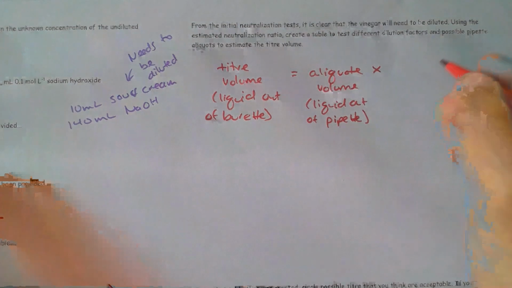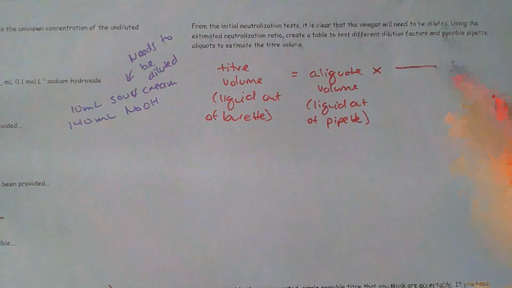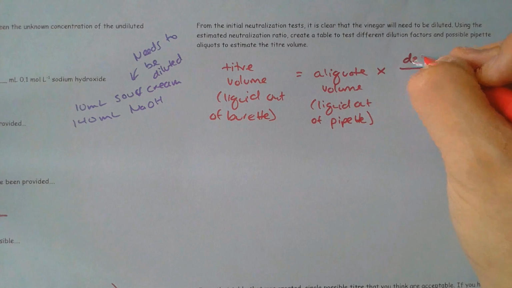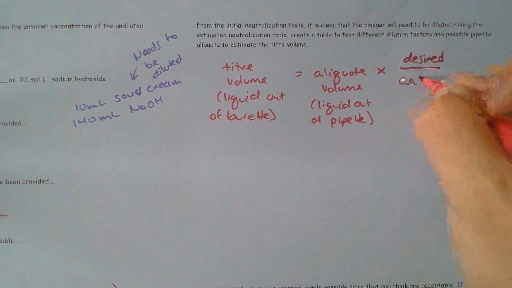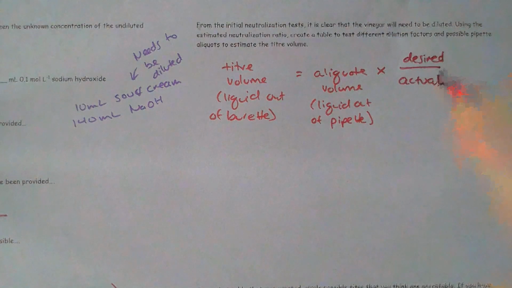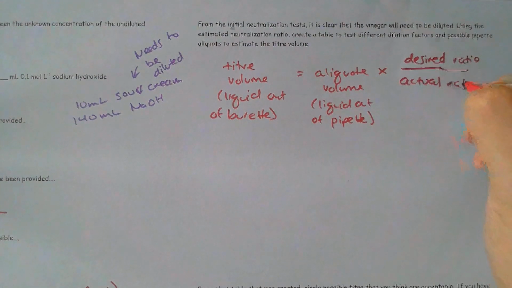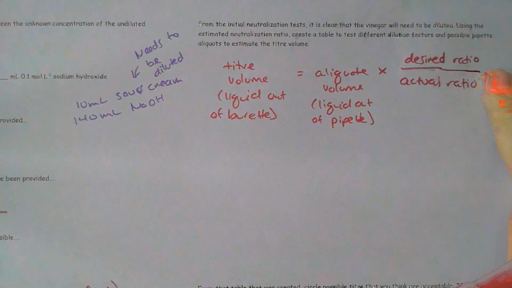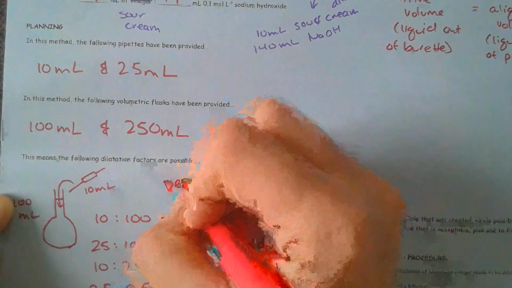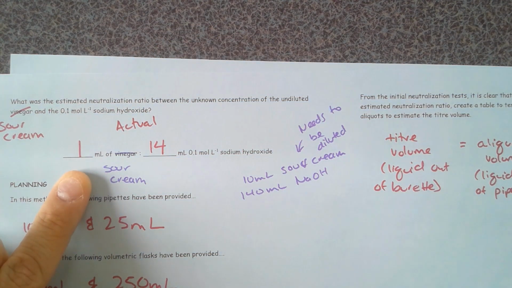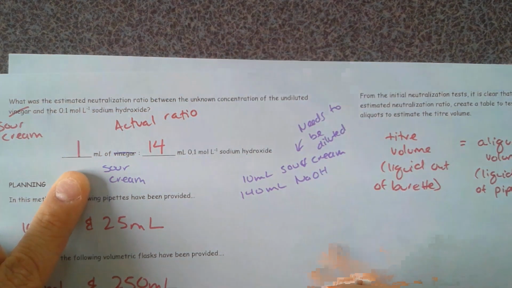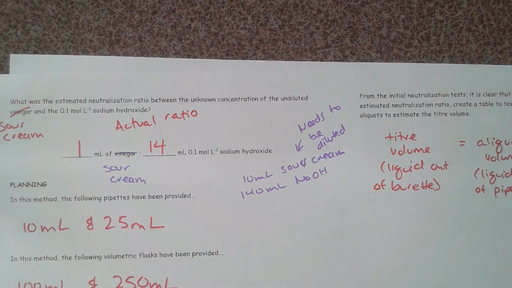Times your desired dilution versus your actual dilution ratio. So when we say desired one, these are the desired dilutions. And then this here is your actual. Are we okay with that so far?